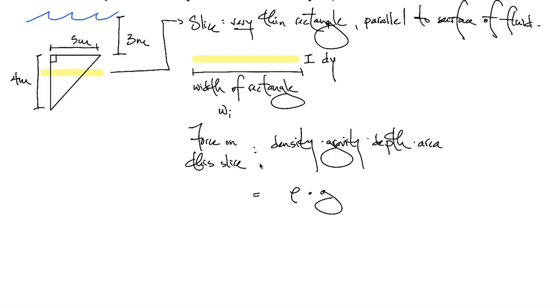Now, the depth of this slice. What is the smallest value that the depth could be? 3. How did you get 3? You said that technically the bottom of the plate or top of the plate, whatever you want to call it, starts at 3 meters. Yeah, so if I was looking at the very top slice here, that would have a depth of 3.